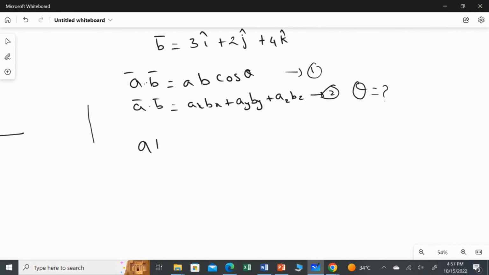So A B cosine theta is equal to AX BX plus AY BY plus AZ BZ.